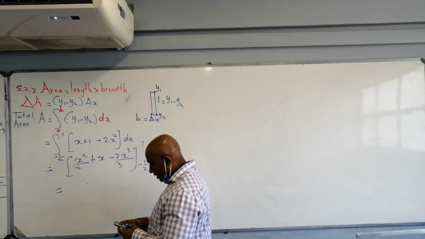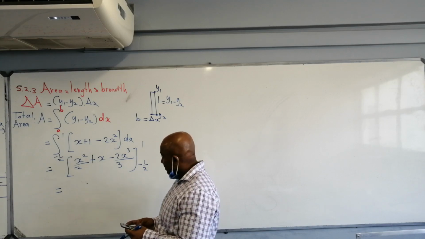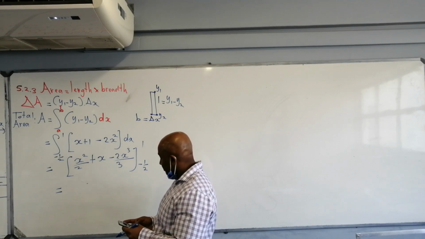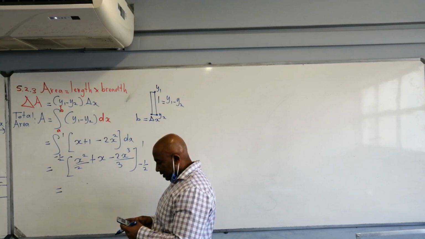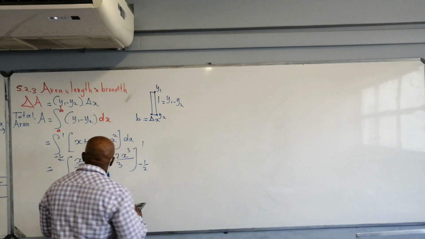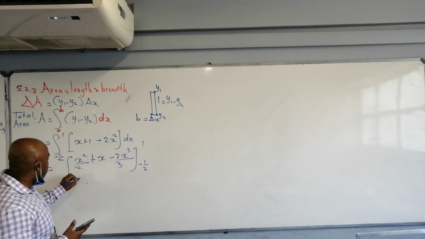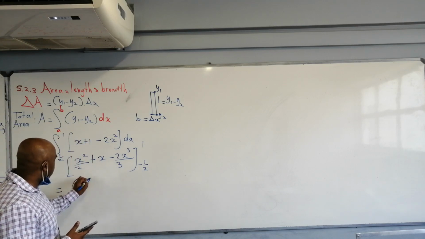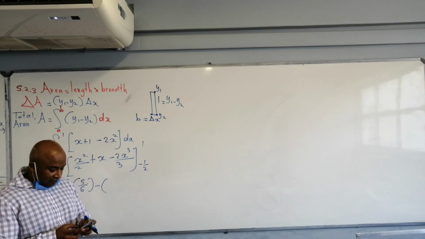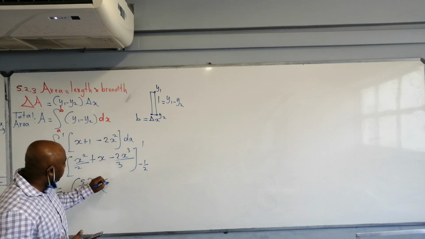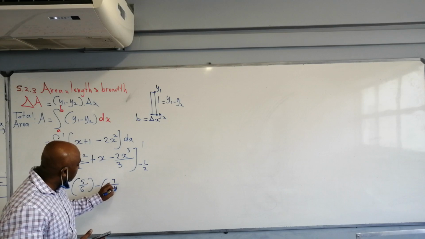Right, so let's see what we get. When we substitute 1, I will get 5/6. Then substitute negative half. I'm getting minus 7/24.